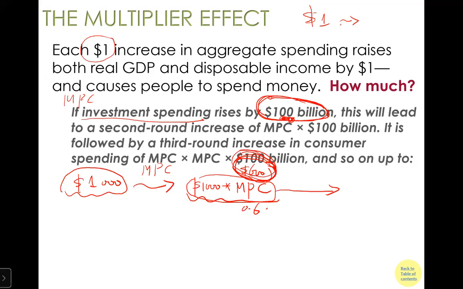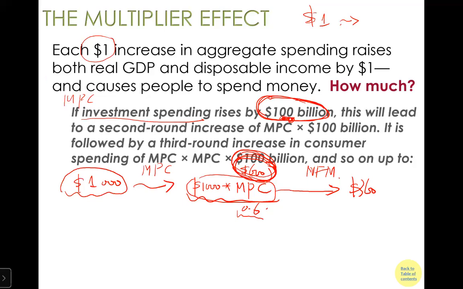So now this $600 goes to Nebraska Furniture Mart, right? And then whoever received this $600 is going to spend. Let's just say they have the same MPC, 0.6, and then how much are they going to spend? They're going to spend $360. Where are they going to go? Let's say they go to a restaurant, I don't know what your favorite restaurant is. Let's say they go to Charleston, right?